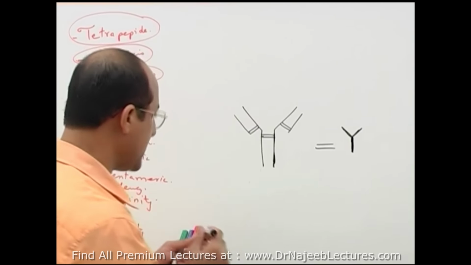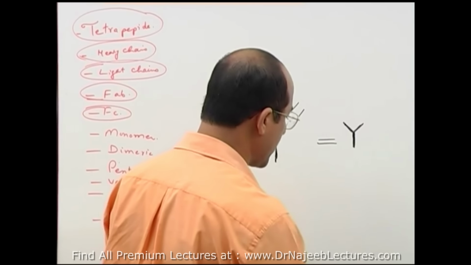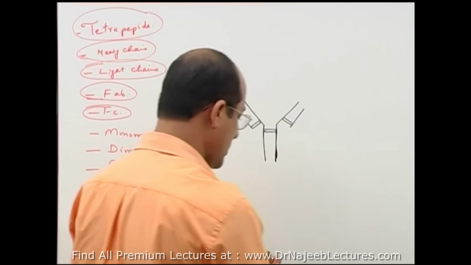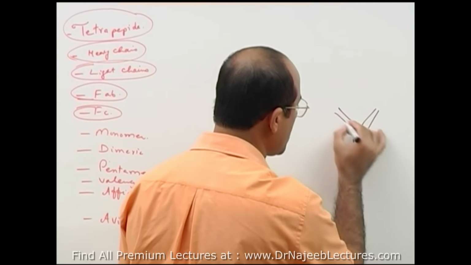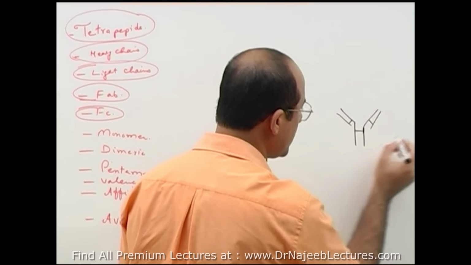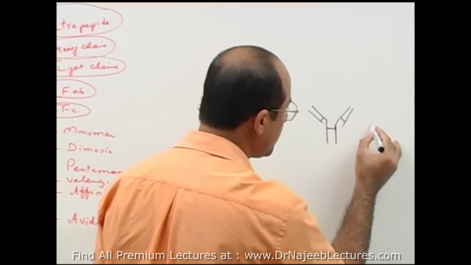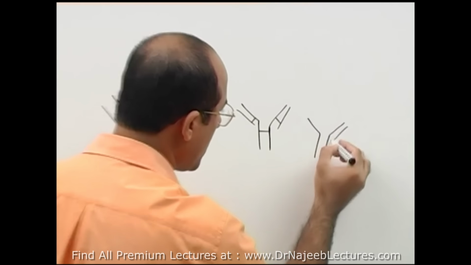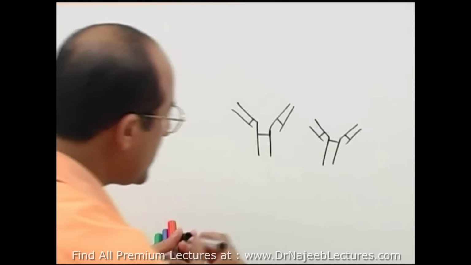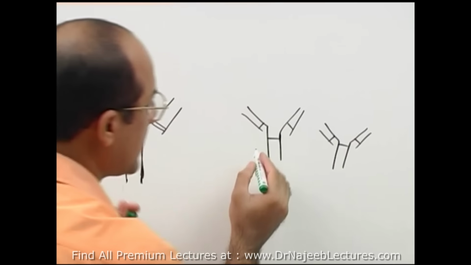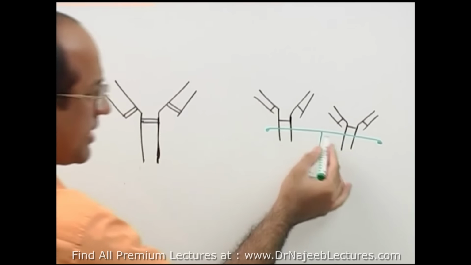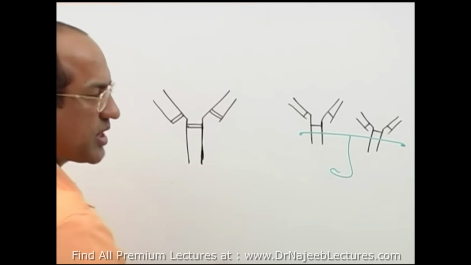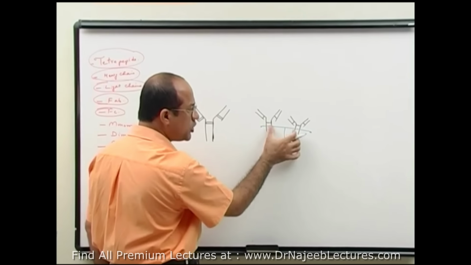Now sometimes it happens that more than one antibody molecule is held together. This is one monomer, right? And this is, suppose, another monomer. And if these monomers are held together by another peptide chain, this peptide chain is joining them.